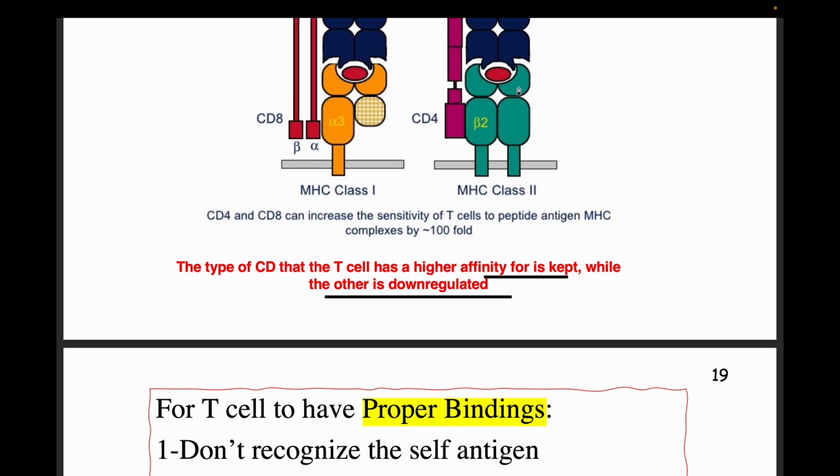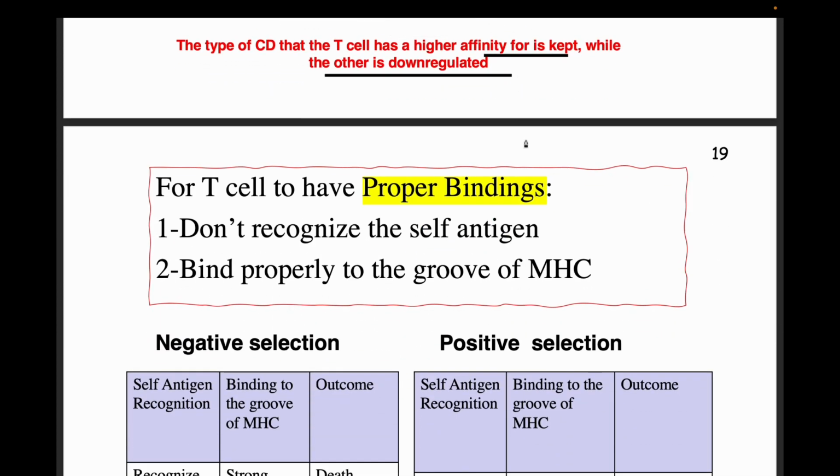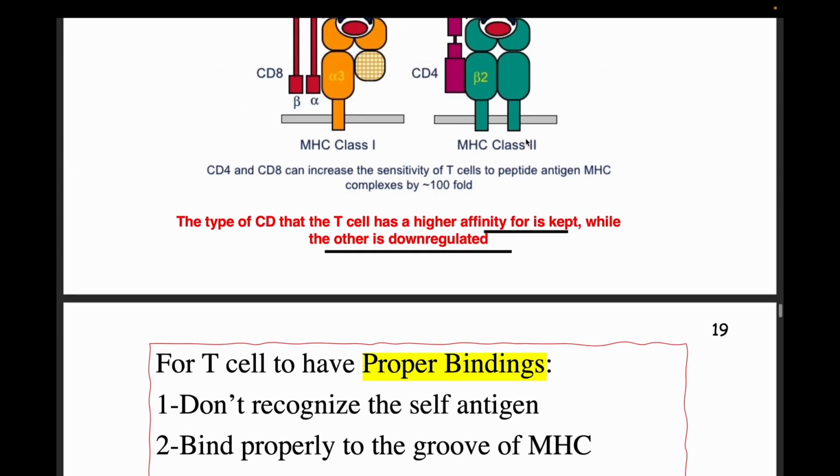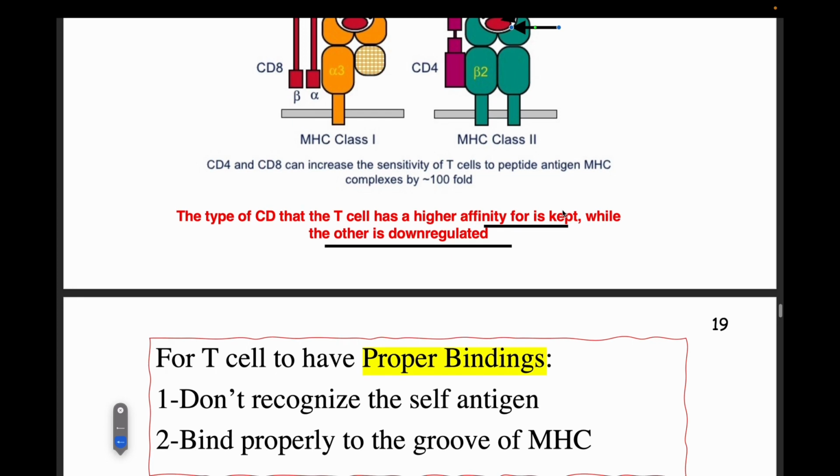T cell receptor binds to two regions, binds to the antigen, to the self antigen and binds to the groove. هسه عندنا احنا هنا self antigen هذا self antigen وعندنا الجروف. The TCR binds to both of them.